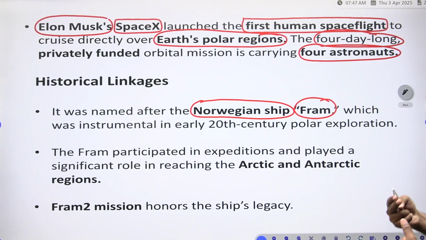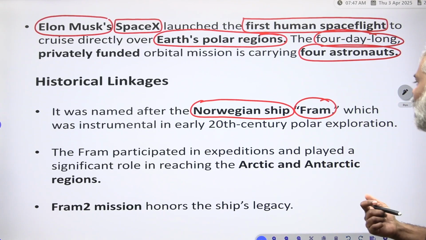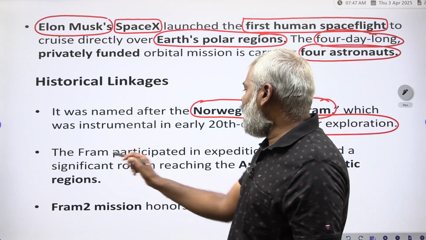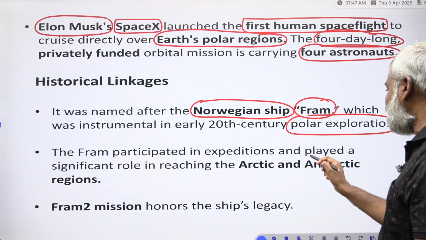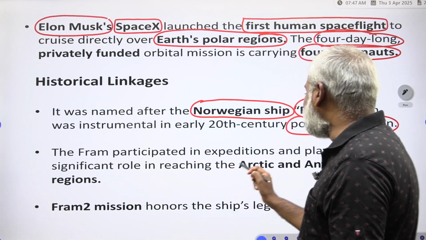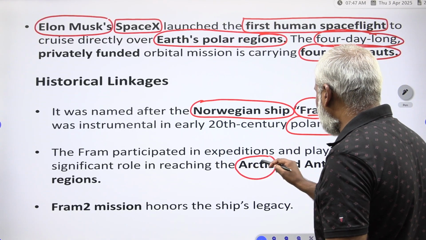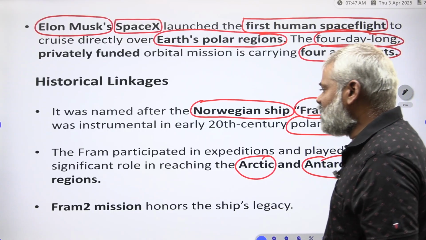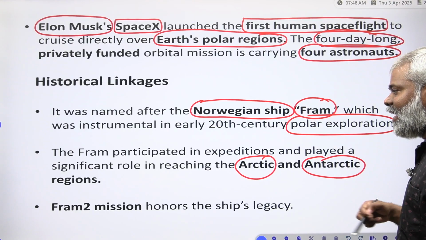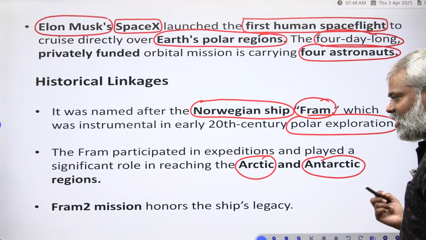This ship explored the polar regions, South Pole and North Pole regions. The Fram participated in expeditions and played a significant role in reaching the Arctic and Antarctic regions.